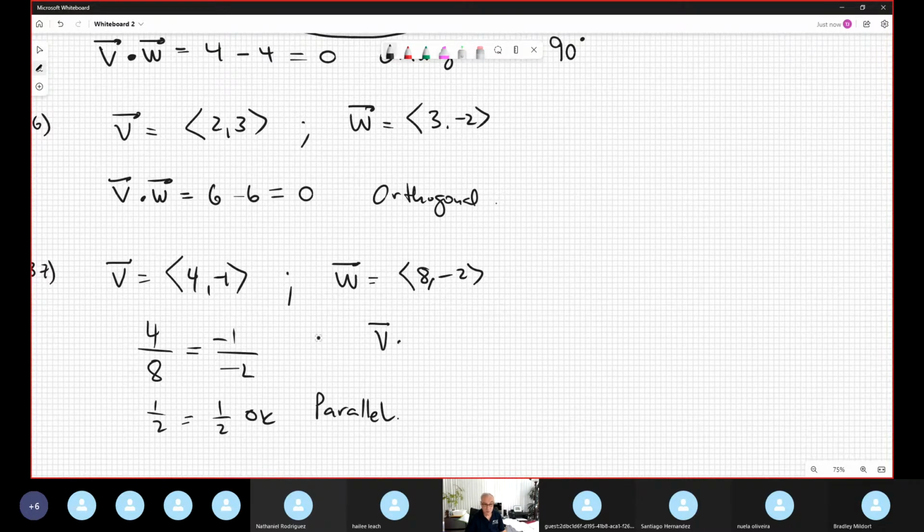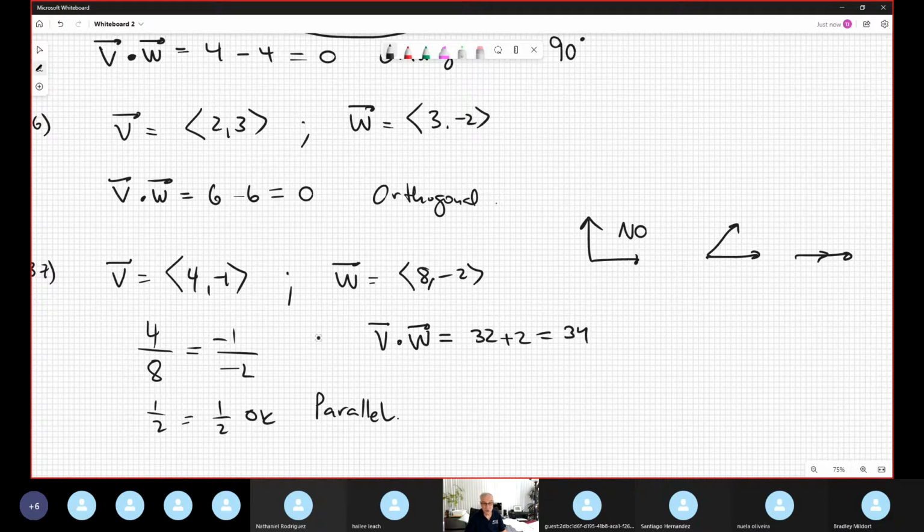The answer obviously is not 0 because it's not 90 degrees. It's 32 plus 2 is 34, no? Yes. But this doesn't say clearly if it's parallel or not. It's not 90 degrees, but maybe it's like this or like that.